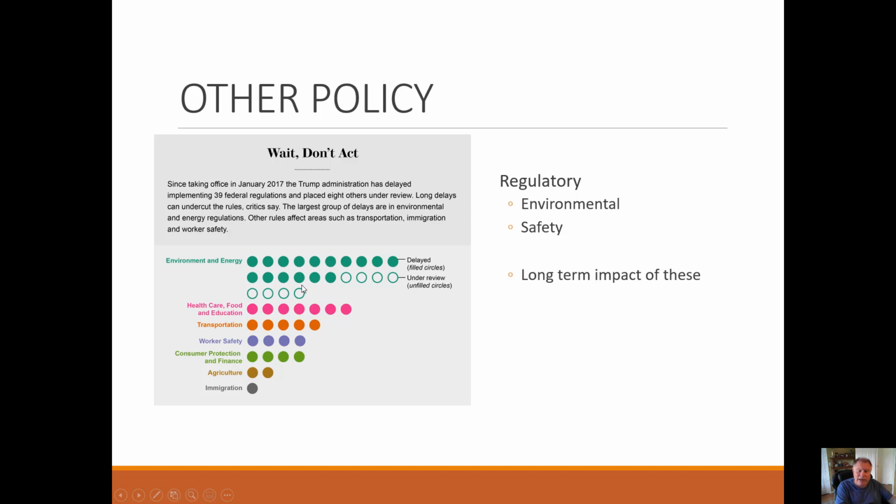In the environment and energy, you've really eliminated a lot of protection for the environment. Mines can now put residual into creeks, you can have emissions, all sorts of stuff. Same thing on healthcare, food, and education, reducing that, worker safety, reducing it, so in many cases take them out.